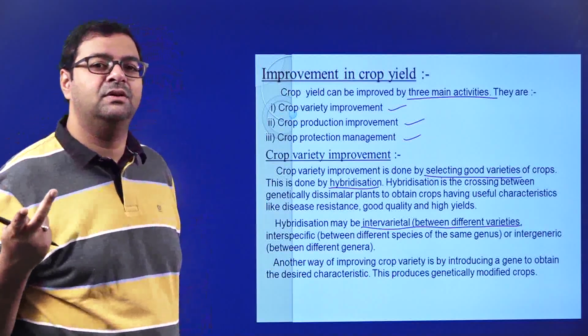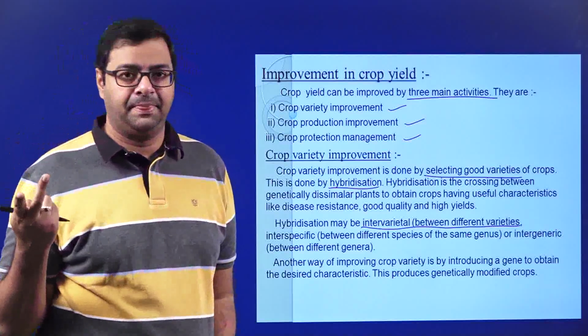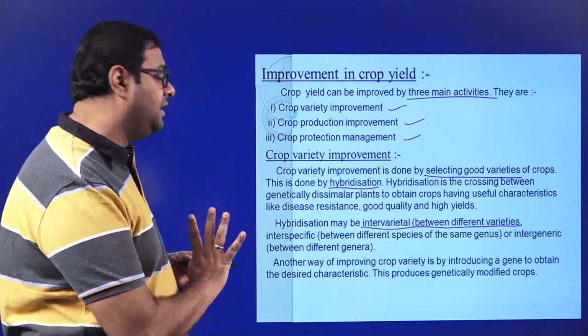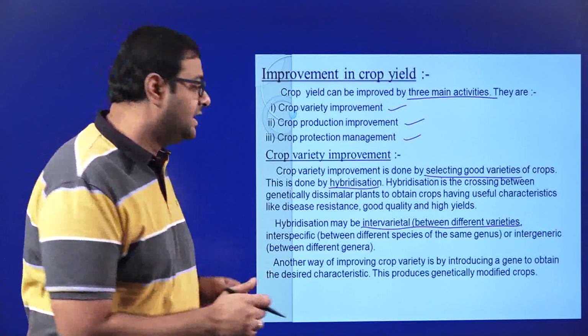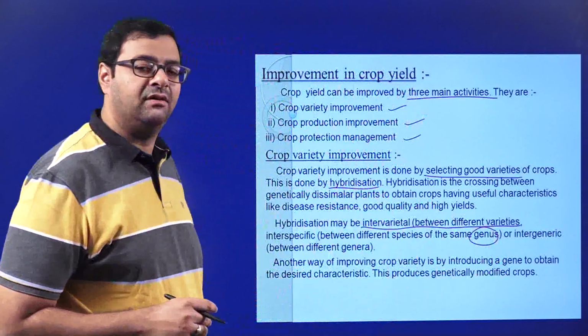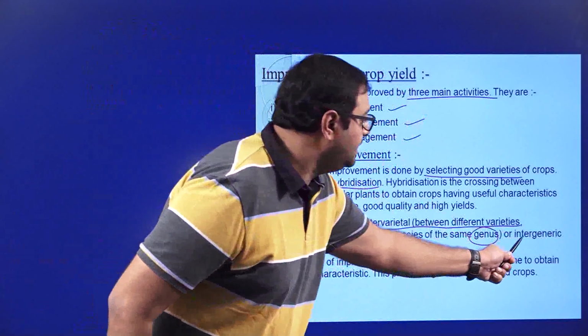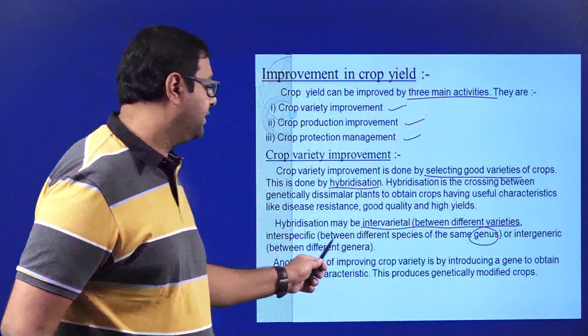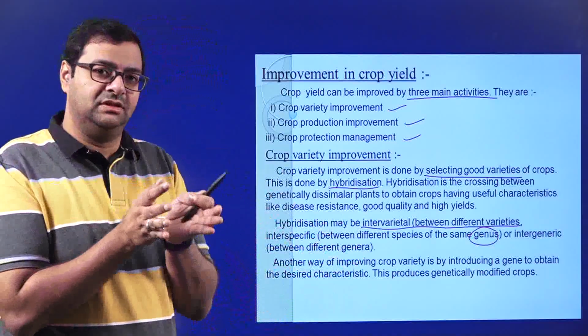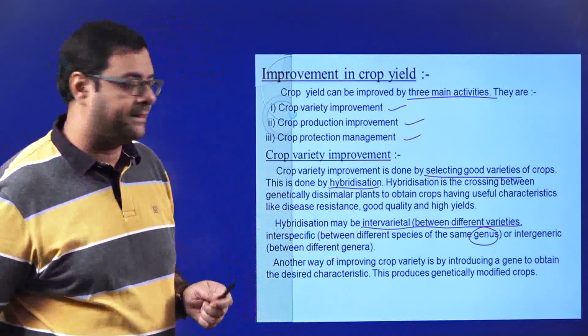The genus of tomato is Lycopersicum. So if they do interspecific, that means the genus is the same. Or intergeneric, between different genera, that is, the genus is changed.